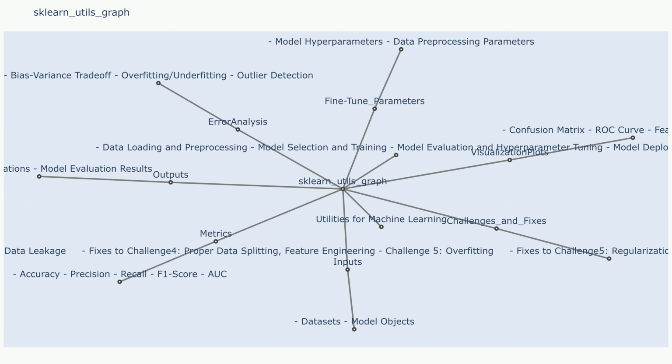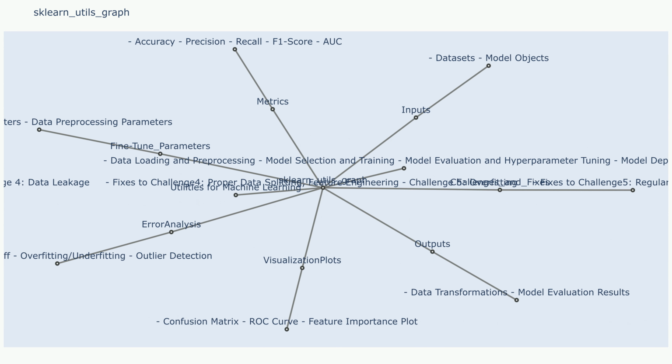Challenge 2: imbalanced datasets. When the classes in a classification problem have significantly different frequencies, models can be biased towards the majority class. Sample use case: a dataset for fraud detection might have a very low percentage of fraudulent transactions, leading to models that are not effective at identifying fraud.